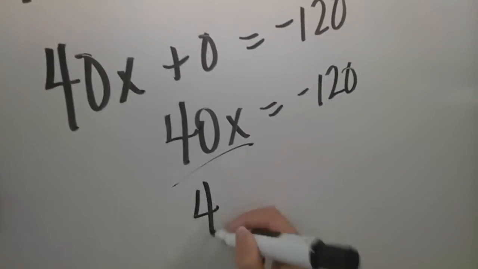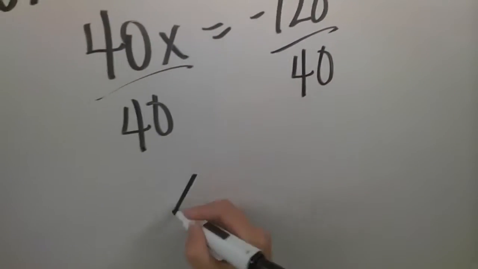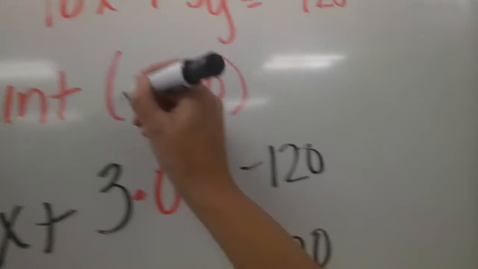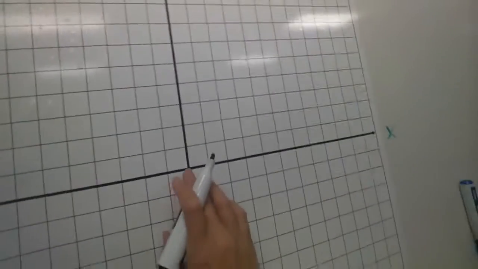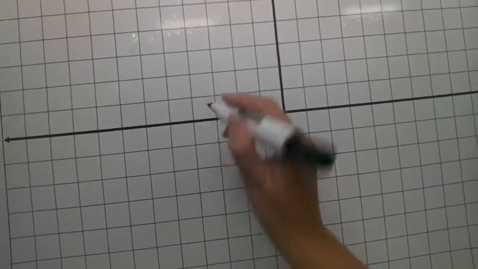Divide by 40. X equals negative 3. So go over here. (Negative 3, 0) means I'm going to move to the left 3. 1, 2, 3. I'm not going to go anywhere else. So there's my x-intercept.